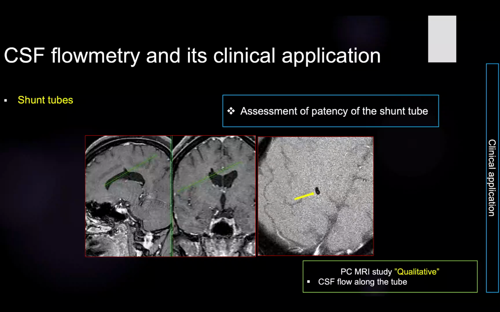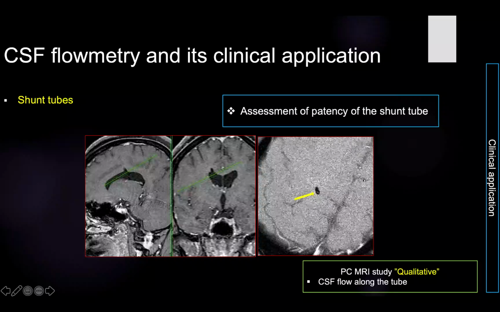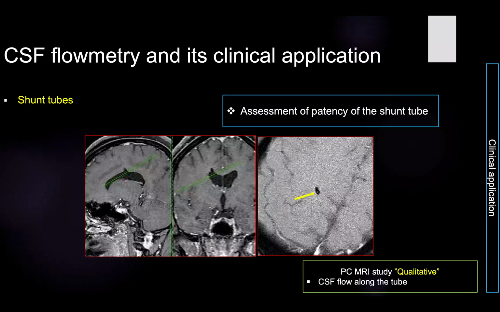So this means that the shunt tube is patent, and as we depict here, this shunt tube usually has only one direction. There is no alternating bright and dark signal. There is only bright signal like this.